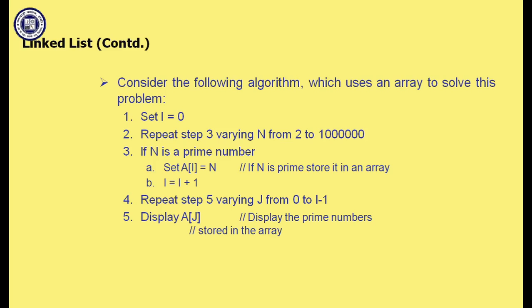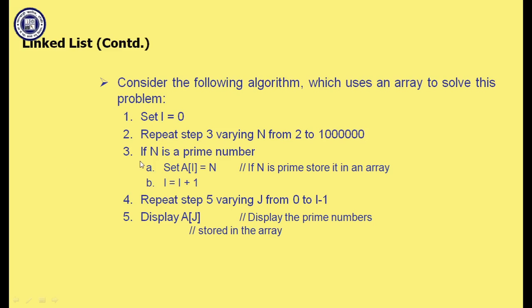So we have an algorithm which starts by setting a variable I to 0, and then in the next step it is saying repeat step 3 varying n from 2 to the given number. So we are starting the loop from 2 because the first prime number is 2.